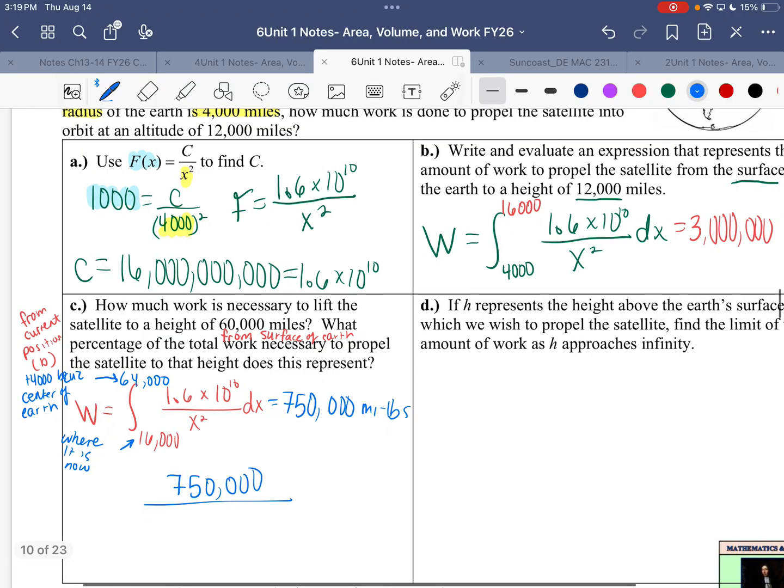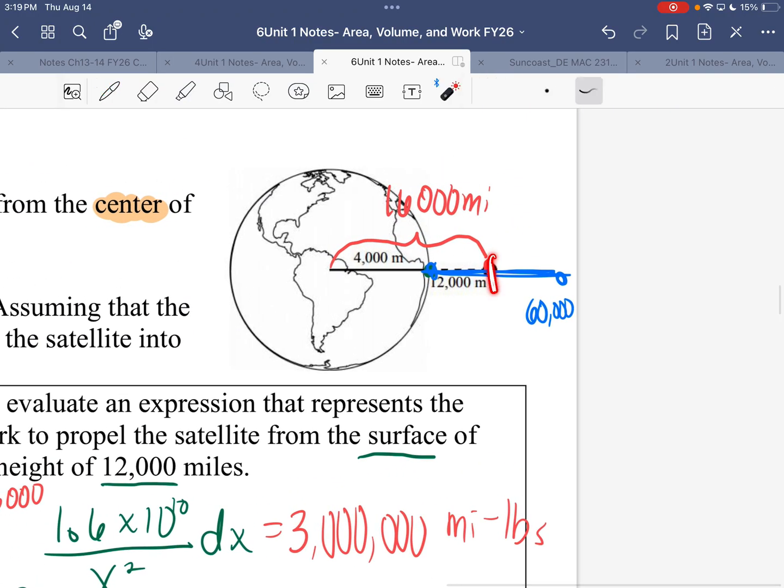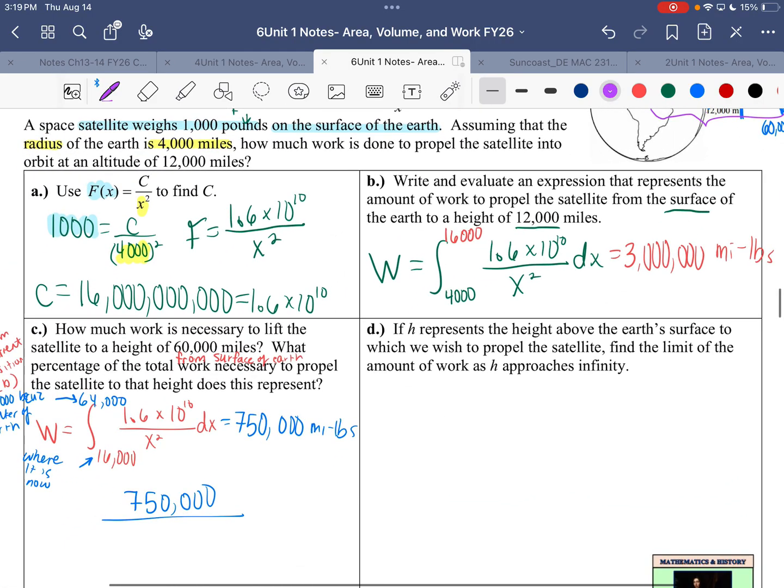So in part C, we actually figured out the work to go that distance between 12,000 miles off the Earth's surface to 60,000 miles off of the Earth's surface. But we had to figure out the work to propel this whole distance. So what percentage of the work was C total?